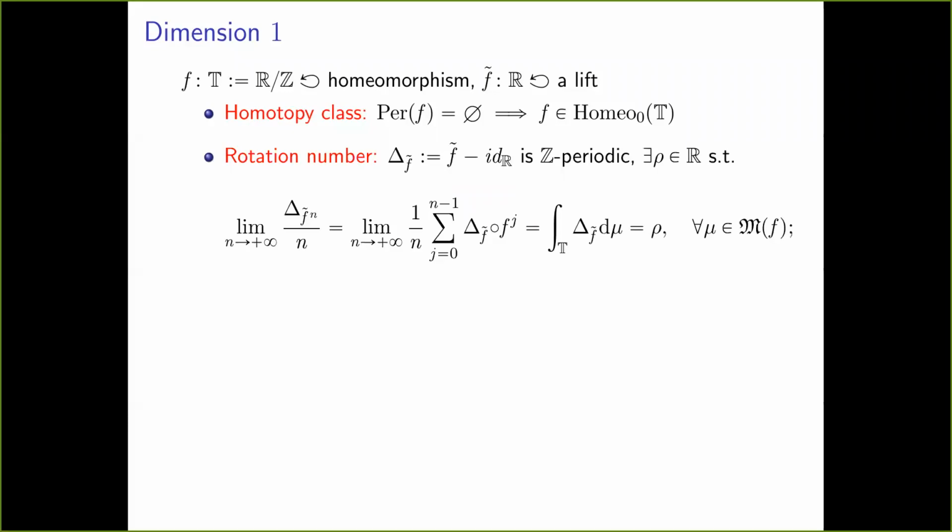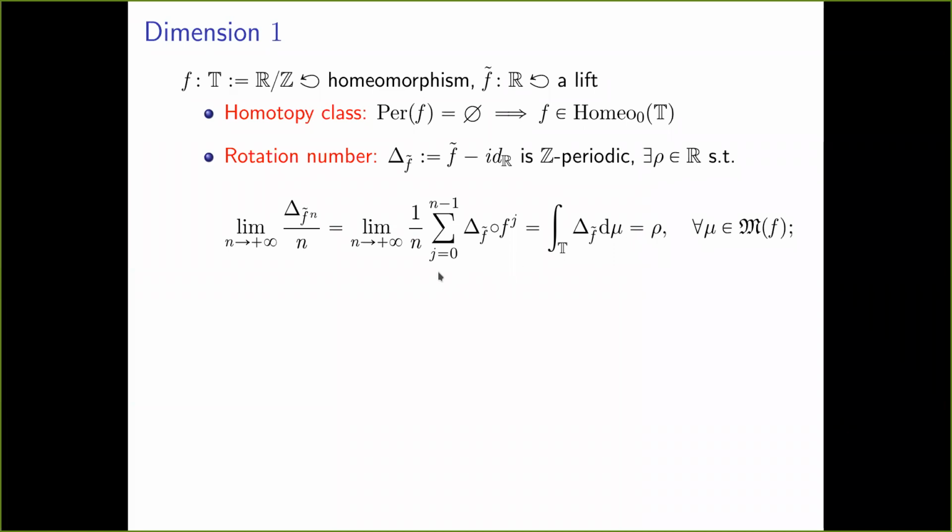So it can be considered as a function defined on the circle. And the good point about the circle is that if you integrate this function against any invariant measure, here M(F) denotes the set of invariant measures for F, you always have the same value. In this case, I call this value rho.